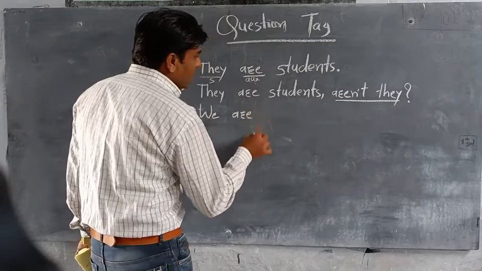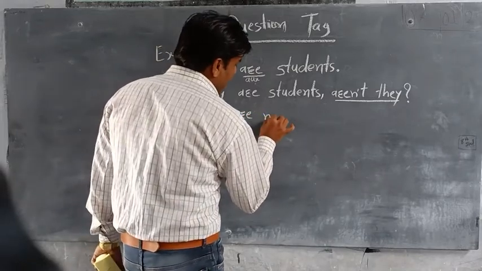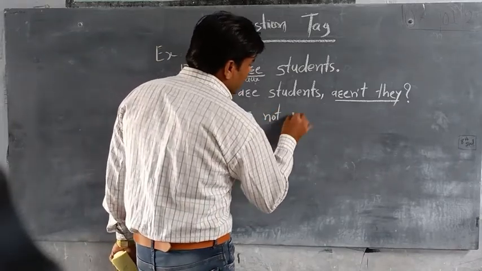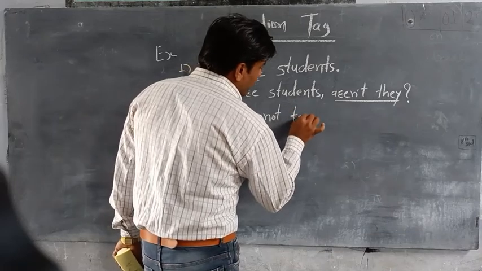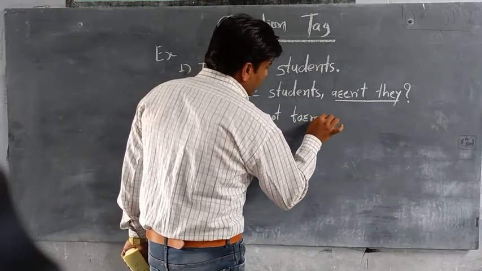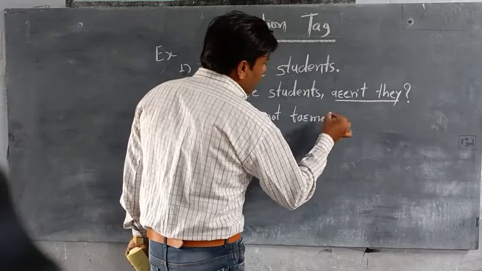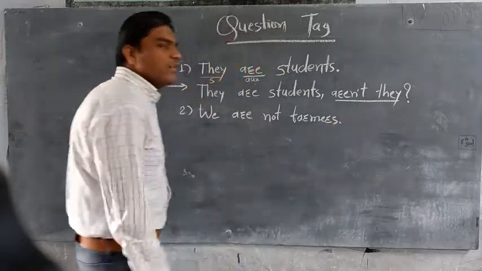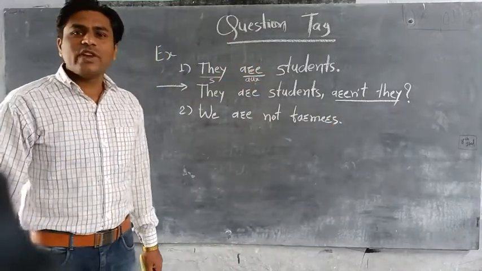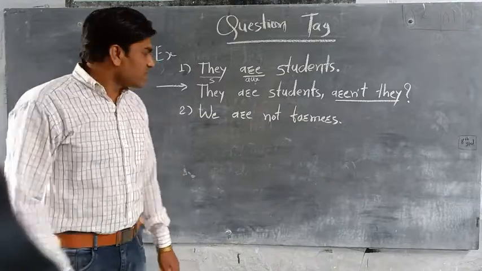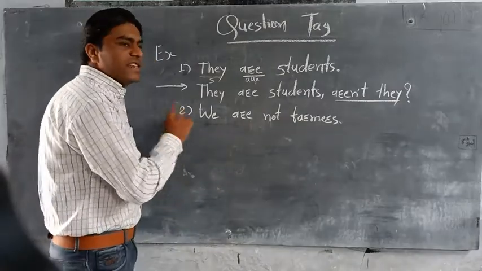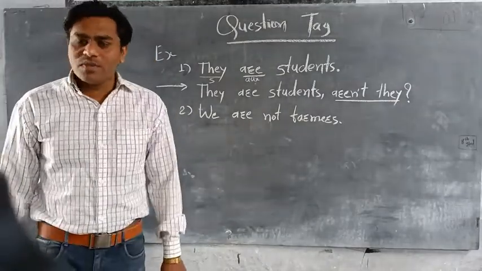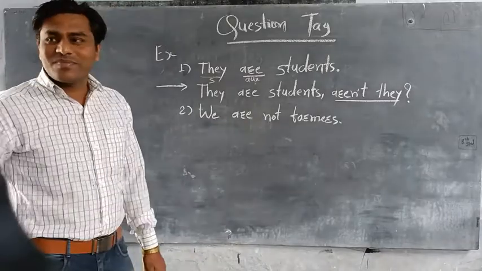We are not farmers. We are not farmers. Okay. So this sentence is in negative form because not is there.